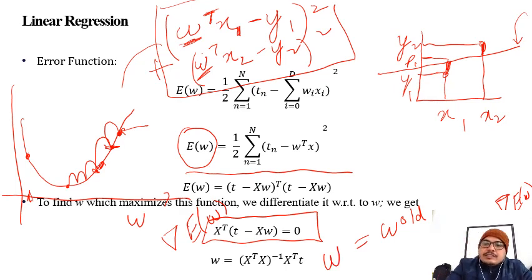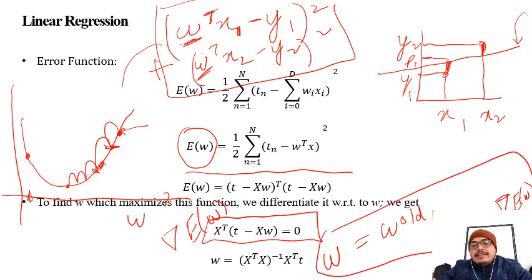So this is my update rule for gradient descent.